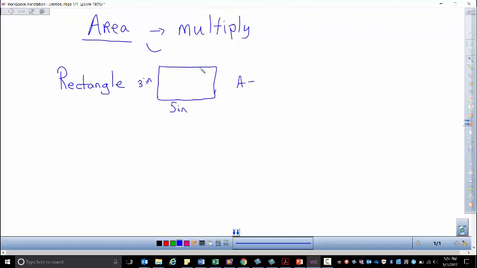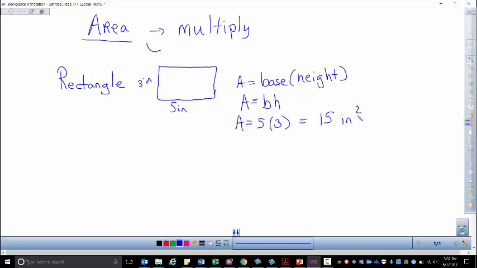So the area is base times height, or sometimes we write a shortcut, base times height. So the area would be 5 is my base, 3 is my height because it's vertical, which is 15 inches squared.